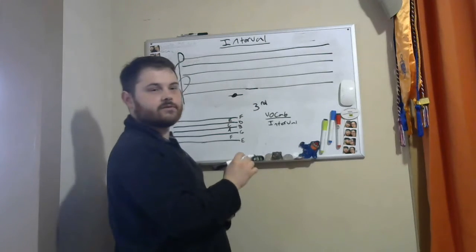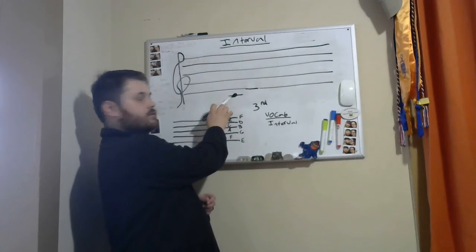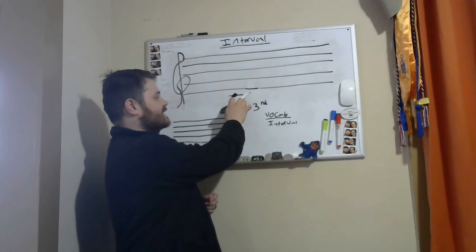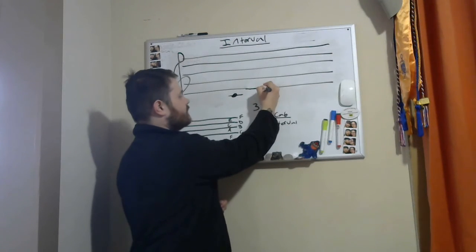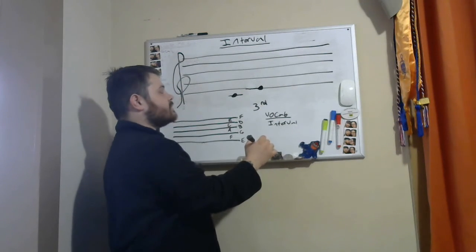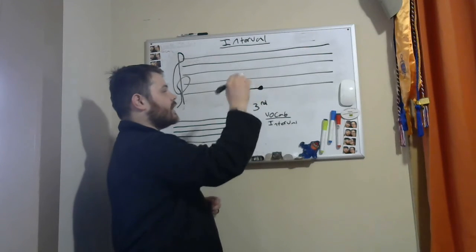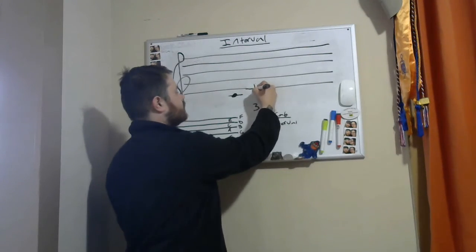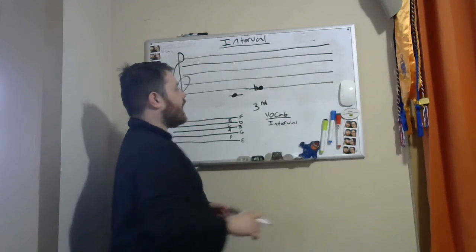So all we do is count three letter names away from C. So we have a C, that's one. We have a D, that's two. We have an E, that's three. That's the third. But remember, we're talking about our chromatic scale, so we're talking about every note that's right next to each other. So this is going to be called an E flat.